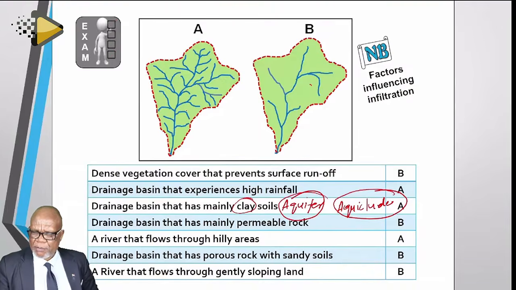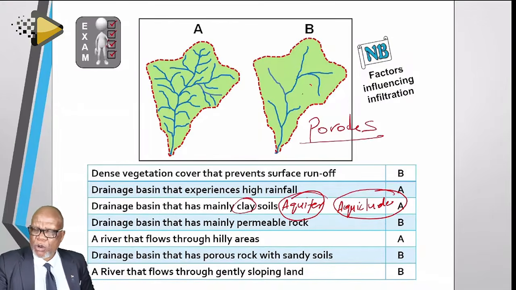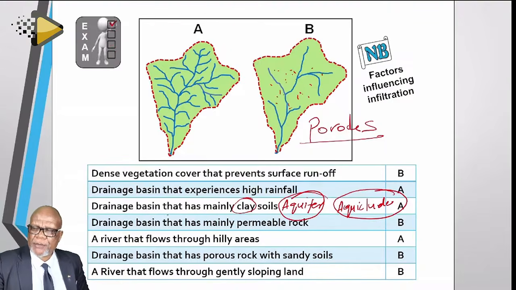Drainage basin that has mainly permeable rock. Permeable rock means that the surface is porous, so there are many pore spaces here. And what will pore spaces do?